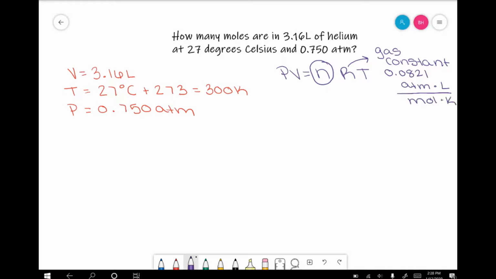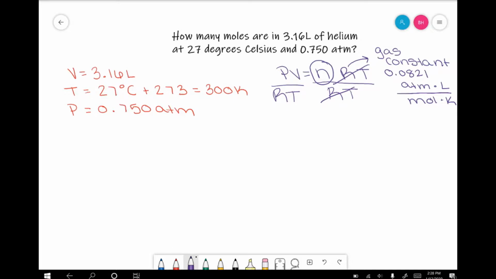So we'll be plugging that in. So let's go ahead and start isolating our variables. I want to get n by itself because that's what I'm trying to solve for. So I'm going to divide both sides by R and T to isolate n. And my new equation ends up being PV over RT equals n.